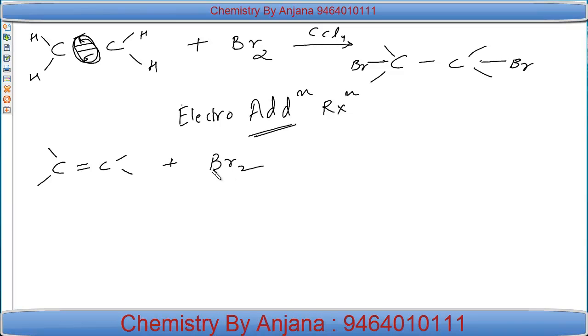When we are using brown colored bromine solution to add up to alkene, what happens is that bromine will add up to the alkene just like above reaction we have seen. In that process, this brown color of bromine gets decolorized.